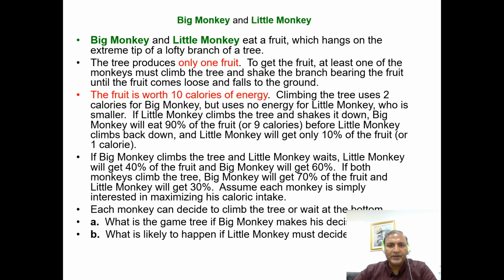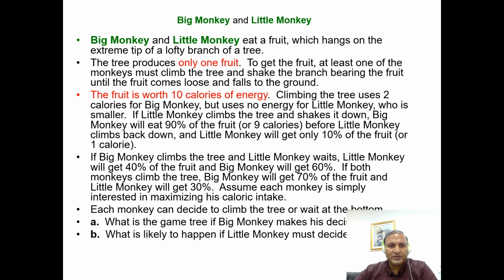And if the little monkey decides to climb up on the tree, and the fruit will come down, but before he reaches the ground, the big monkey will eat 90% of the fruit. So the calories for the big monkey will be equal to 9. And the remaining part of the fruit will go to the little monkey in this case, and his calorie intake will be equal to 1.